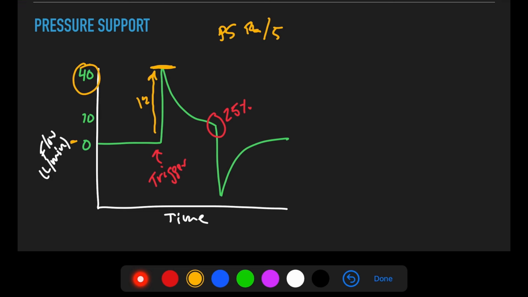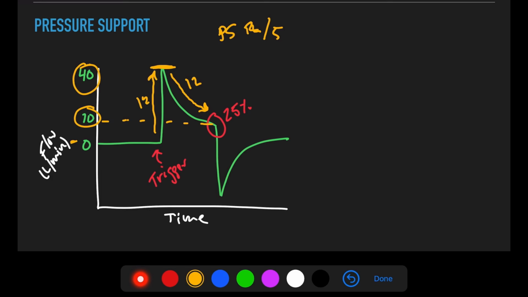And the flow in slowly tapers off as the patient doesn't breathe in quite as hard, but we still are giving them that pressure support of 12 throughout here. We will continue that inspiration and that pressure support of 12 until our flow rate drops to 25% of what it initially was, which is 10.